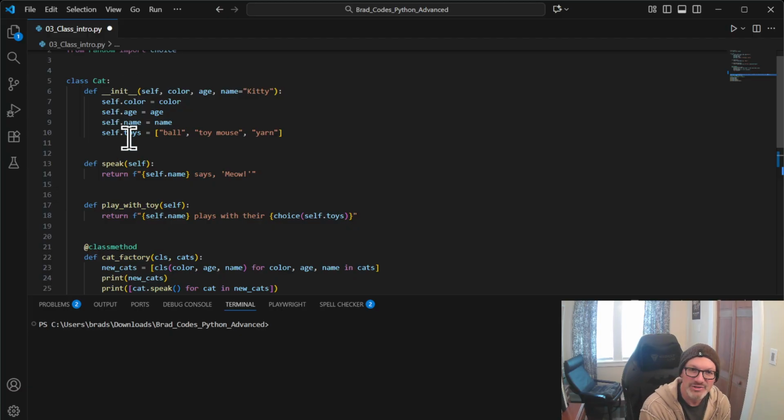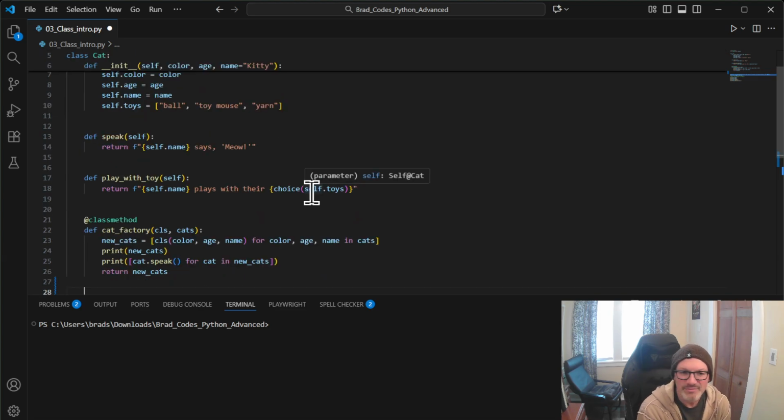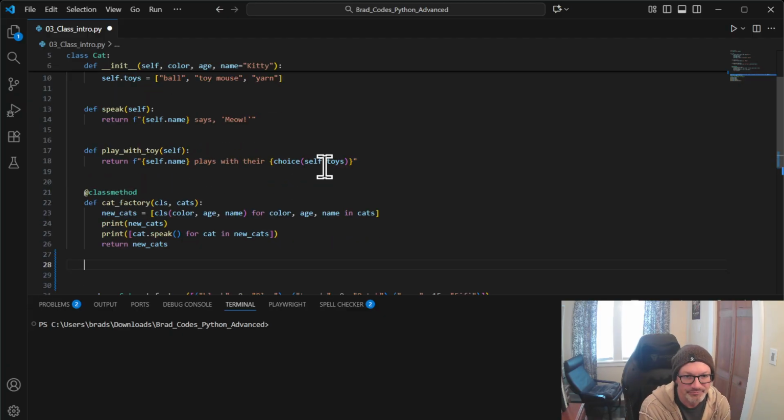If we needed to interact with these attributes, we really should use an instance method. So what then would a static method be for? Well, it's some sort of utility that we really want to have attached to this class. Like it's something we're probably going to need to do if we're spending a lot of time working with cats.